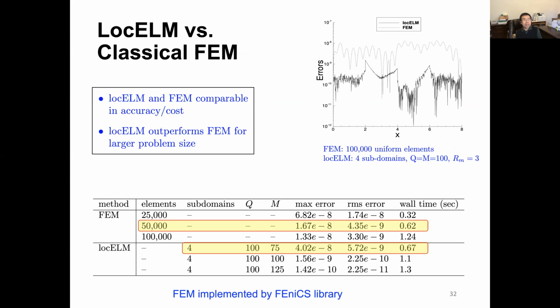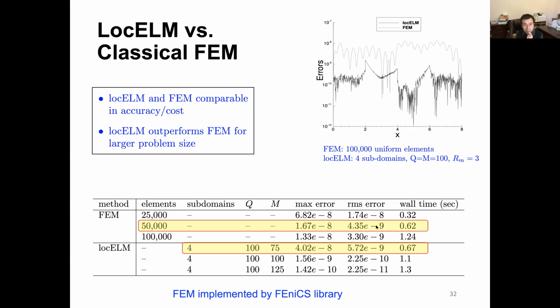So here, this is a comparison of the local ELM with the FEM, the linear elements, the classical finite element. This table shows the number of elements, or the number of subdomains for the local ELM. Q is the number of collocation points per subdomain, and M is the number of training parameters per subdomain.